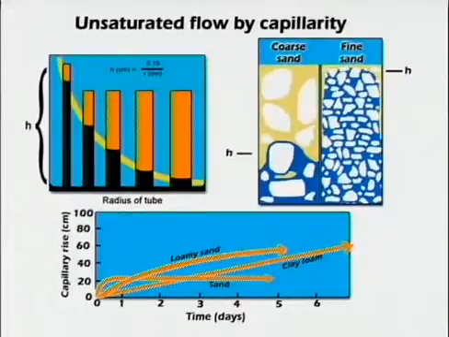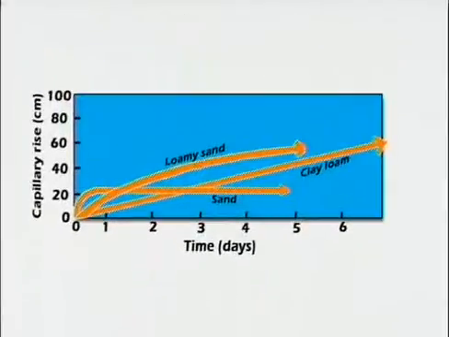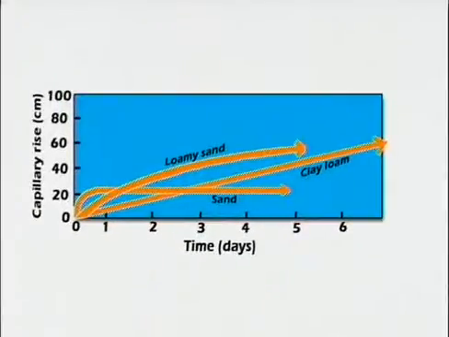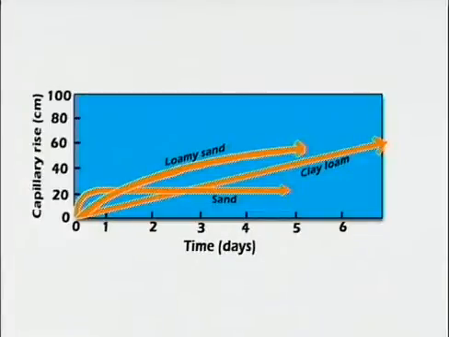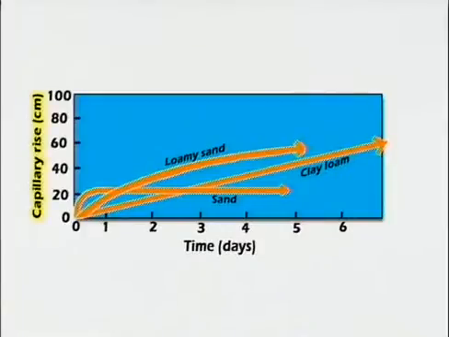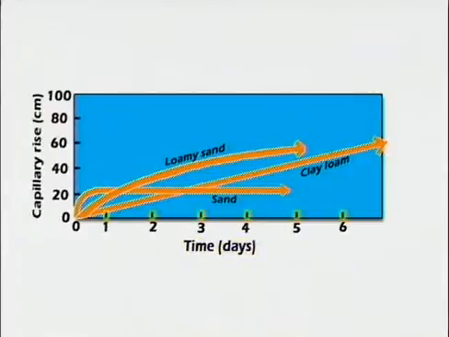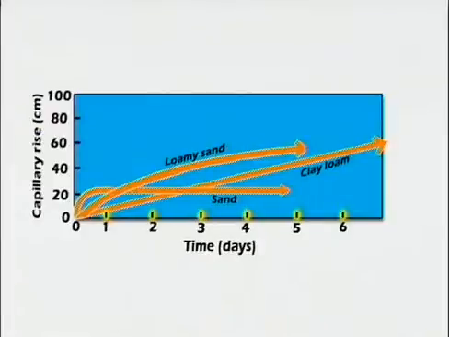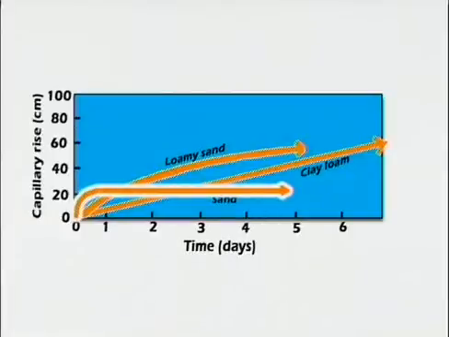Also illustrated on this diagram is capillary rise in different textural classes of soils. We're looking at the capillary rise of water in centimeters over a period of time in days. If this represented a free water surface down here below this level, and we looked at the capillary rise in a sand soil, a very coarse textured soil, the water would move quite quickly, but then it would be able to move no further, so it would level off.